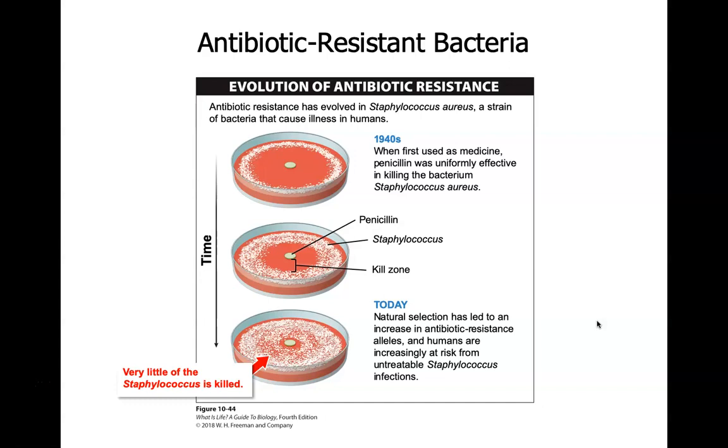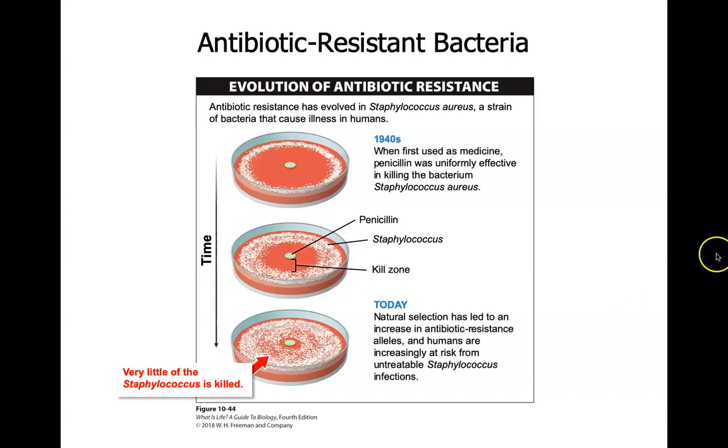In the 1940s, penicillin was discovered and used as the first antibiotic, and it was effectively able to kill Staphylococcus aureus. This is the one that can cause blood poisoning. It causes something called MRSA, if you're familiar with that, in hospitals.